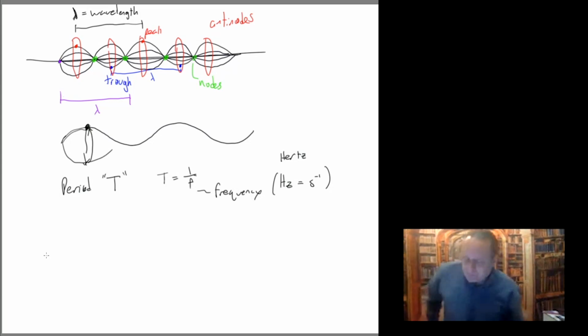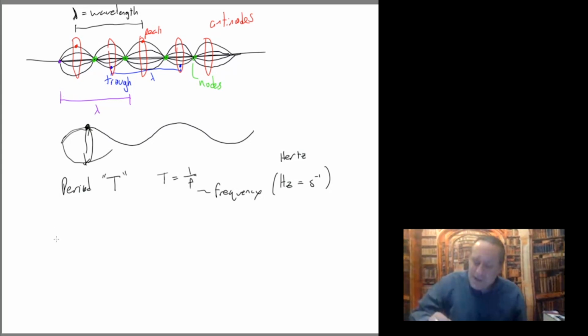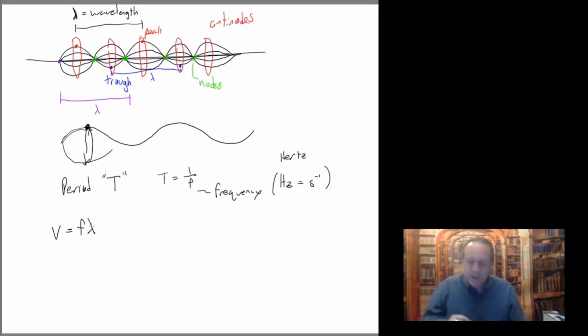Okay. So the velocity of the wave is just the frequency of the wave times the wavelength. Now, the speed of sound is typically quoted as 340 meters per second. It really varies a little bit, but you'll see this number in a few of the homework problems.